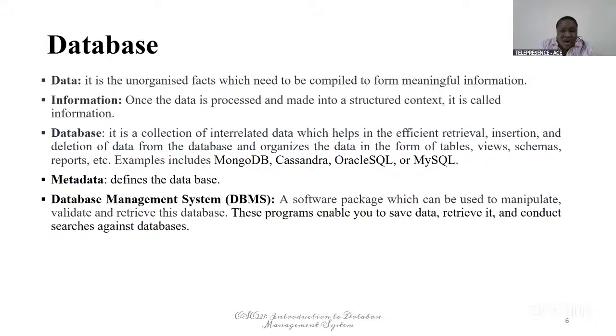An example of that is our database management system. The database management system is a computer application software that deals with the database. Each of the applications has their database, and an example is the DBMS that handles what a database is. So a DBMS is a software package which can be used to manipulate, validate, and retrieve a database.